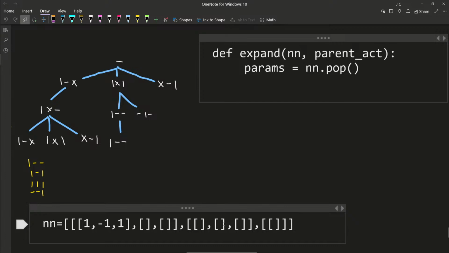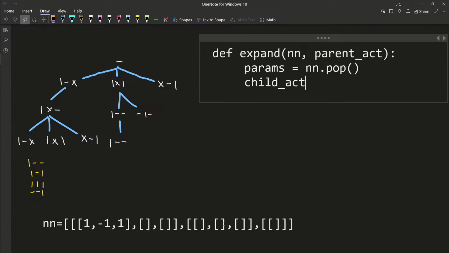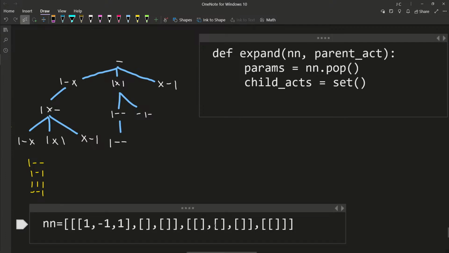We're just gonna have params. So then you have to compute child activation, which will be the branch. It's like a set structure. And then you're just gonna walk through.